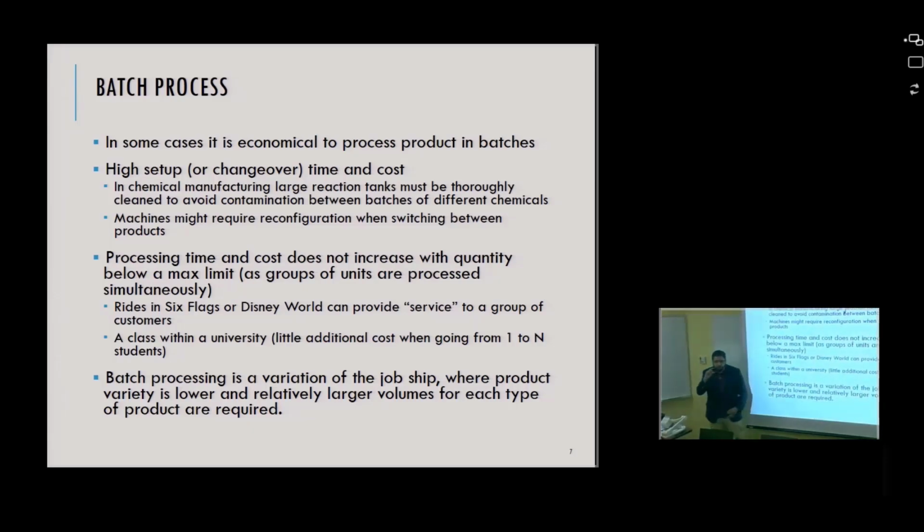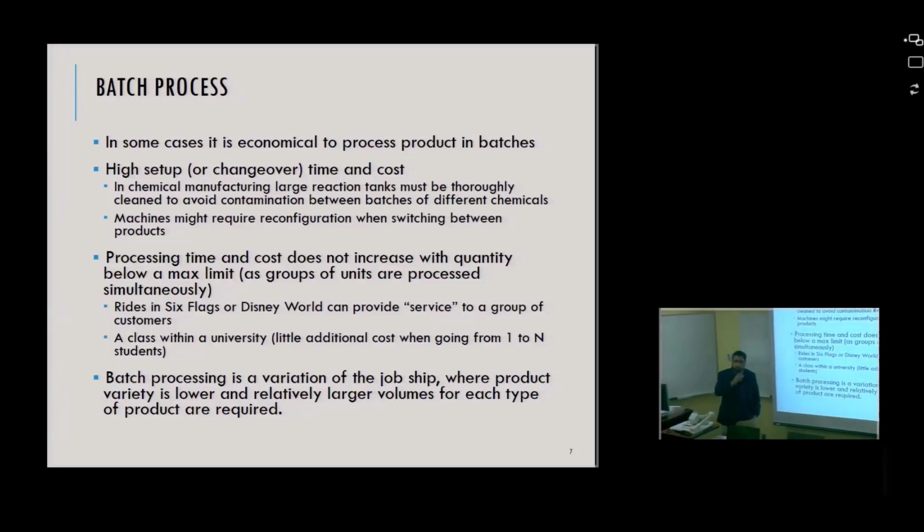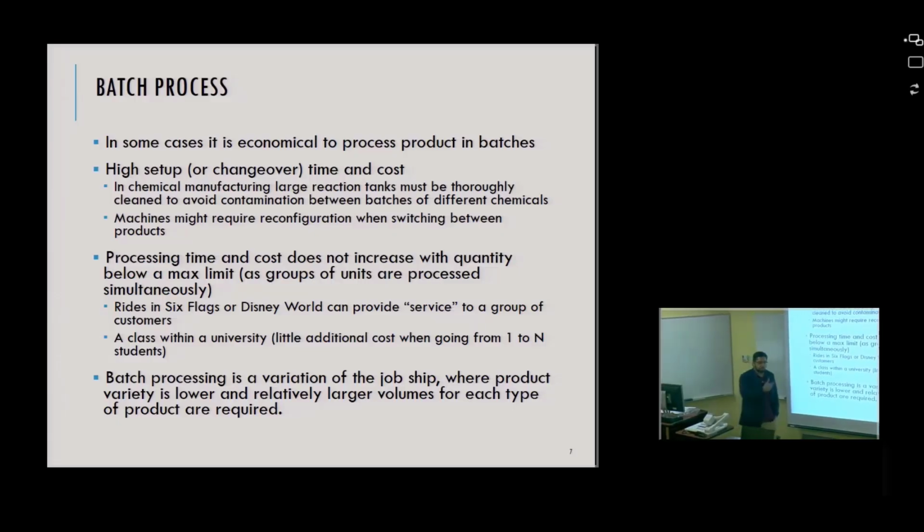So whenever you have a high changeover cost, what does it take to change from product A to product B? When that cost and time are large, then you want to make product A for a long time before you switch, because if you keep switching, you're going to waste a lot of time and cost. So you want to minimize the switches. If it's a big volume of A, then you switch, big volume of B, then you switch. So again, that would be batch processing, right?